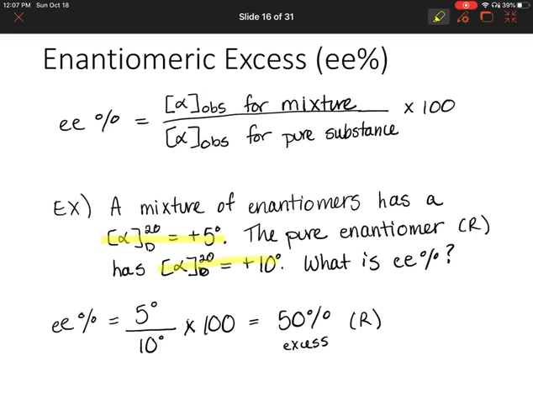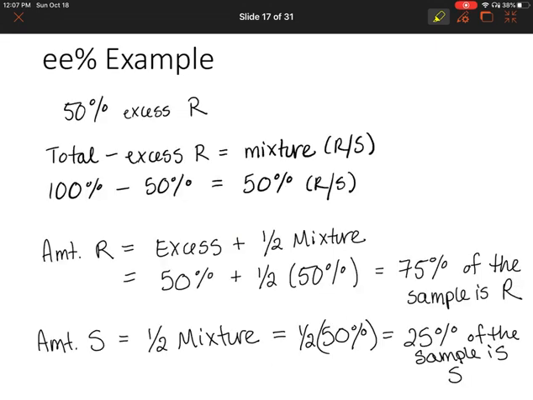In this case, we just picked R arbitrarily, but in an actual experiment, we would be picking based on other factors. And then we used this percent EE to figure out how much excess R we had. And then we used some simple addition and subtraction to figure out how much of our sample was composed of R and how much was S.